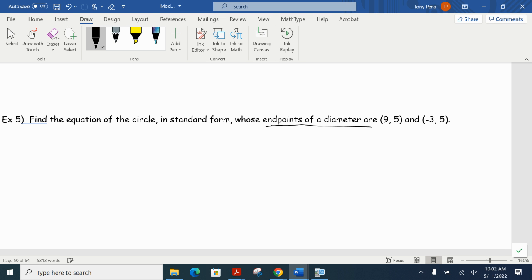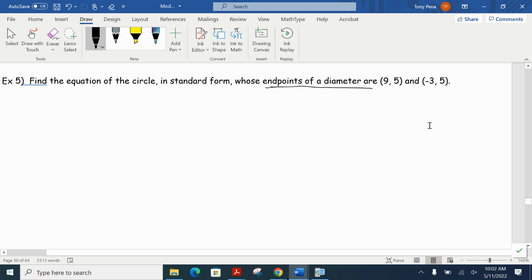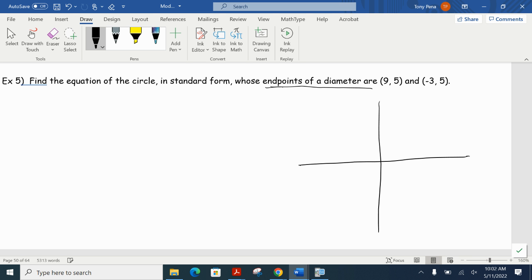So again, I would absolutely sketch out what this looks like. So draw an XY plane, and then go out to the point 9, 5. And we're going to plot that point.